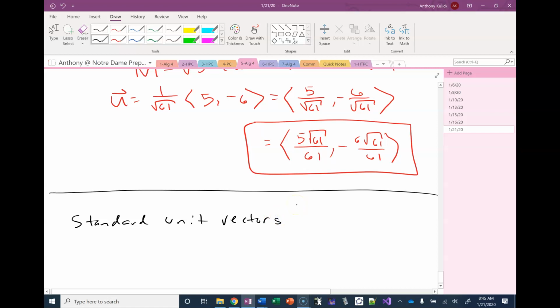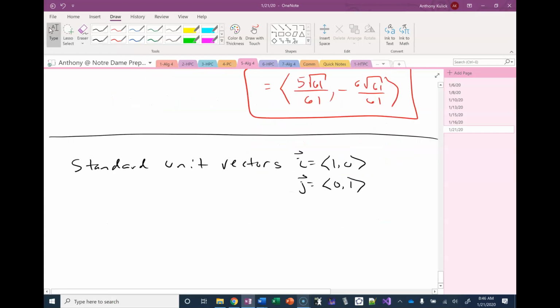So the standard unit vectors are vector i, which is the vector 1, 0, and vector j, which is the vector 0, 1. These two vectors are important because they allow us a fifth way to describe a vector. That is with a linear combination form.